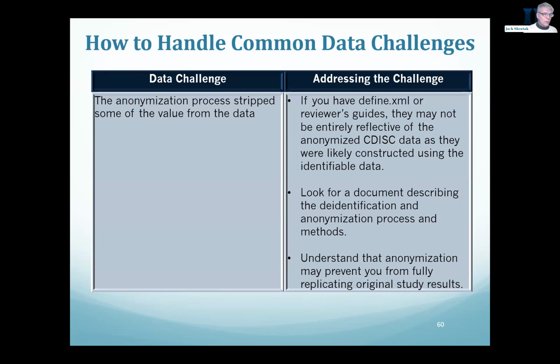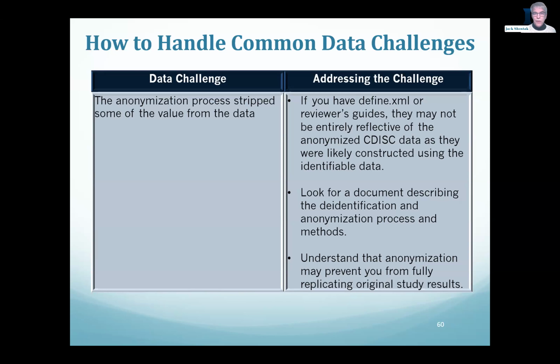Find a document on how it was de-identified and anonymized. When we're producing those things to store on the NIH data repositories, we always have a document that describes what we did to anonymize and de-identify the data. So that will help you understand how the resolution on the data may have changed.